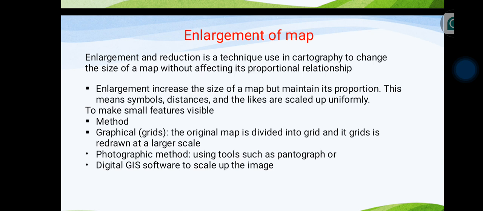This means that symbols, distance, and the likes are scaled up uniformly. It shouldn't be that you enlarge a map, the distance is large, and the symbols of other things, maybe like a city, are small. Both must be uniform.